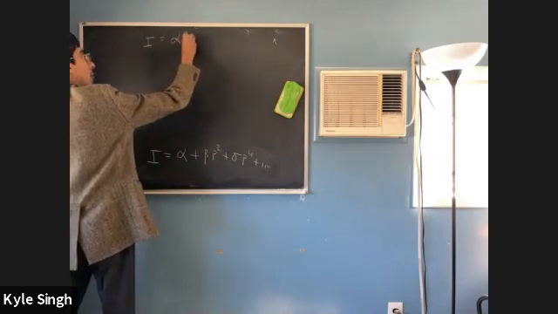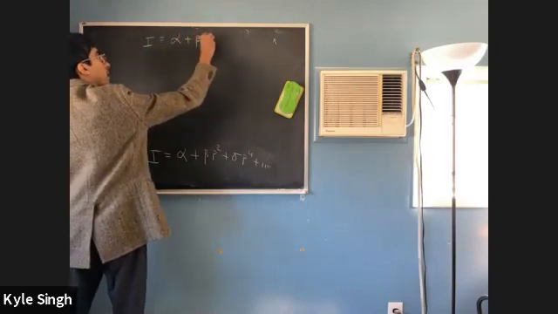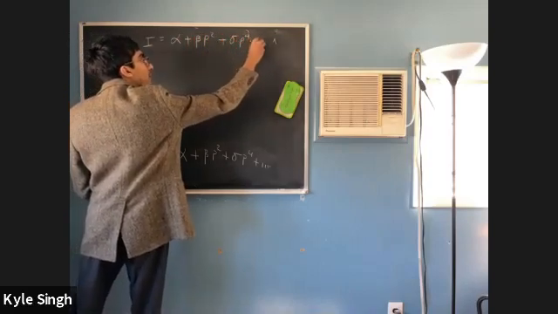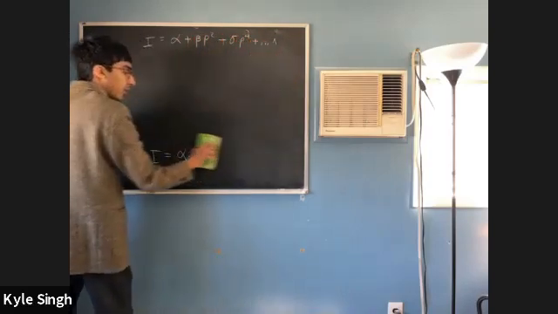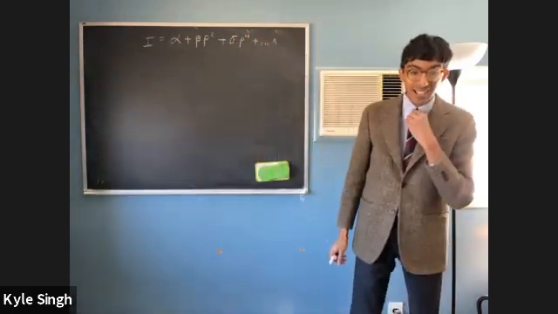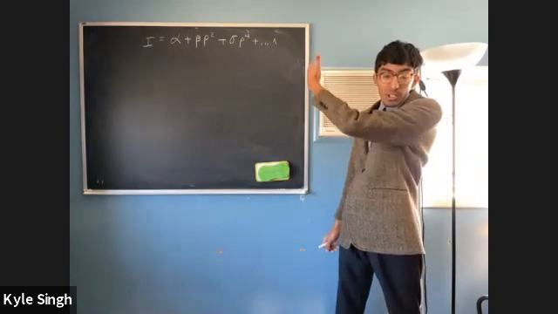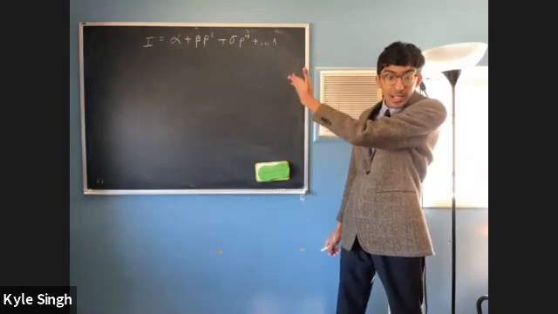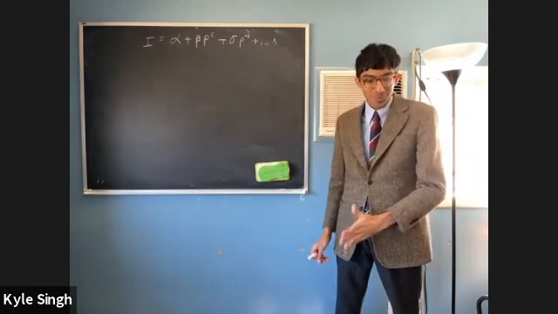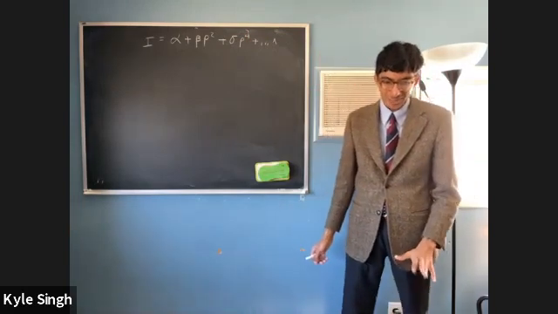I'm going to Taylor series expand it now. And we know that Taylor series expanding something involves taking derivatives of the integrand. And the hope is that we can stop at some order in this Taylor series expansion when the integral is normalized. Is that okay?